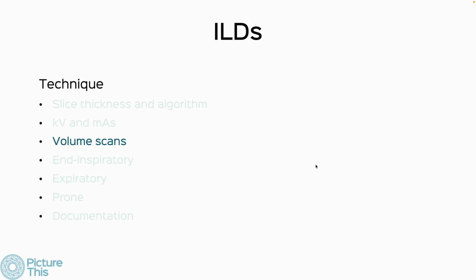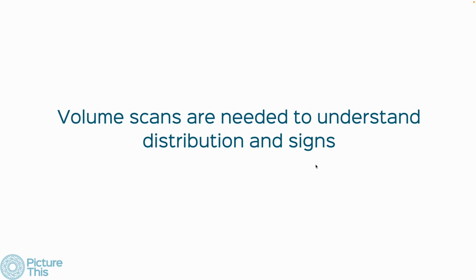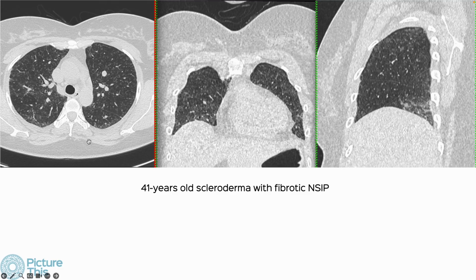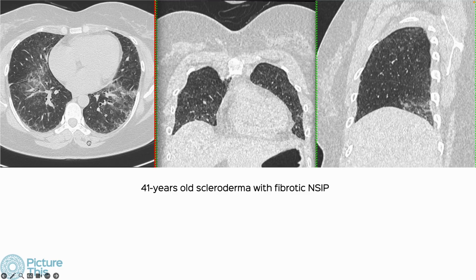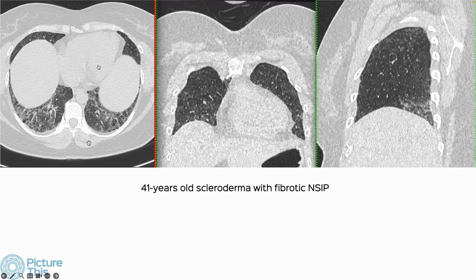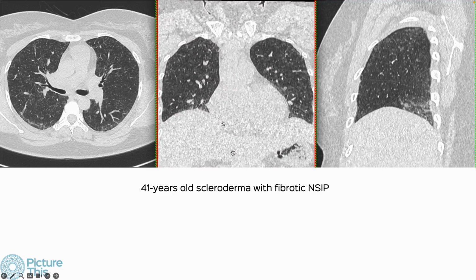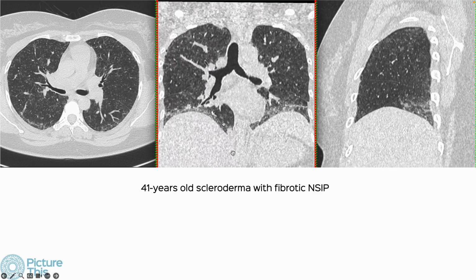Scans should be volume scans, and we should be even interpreting these as volume scans to make sure that we see the entire lung field from apex to base. We can keep scrolling up and down. It allows us the ability to look at coronal images.